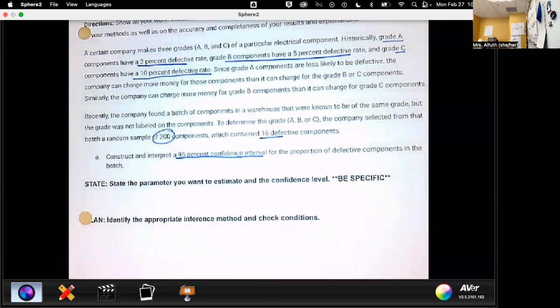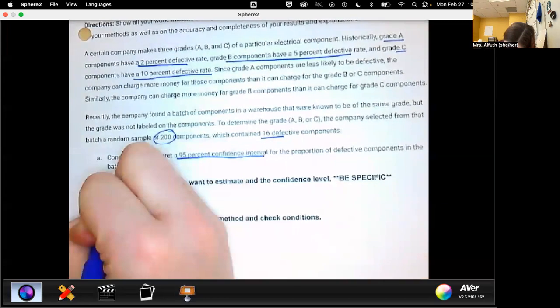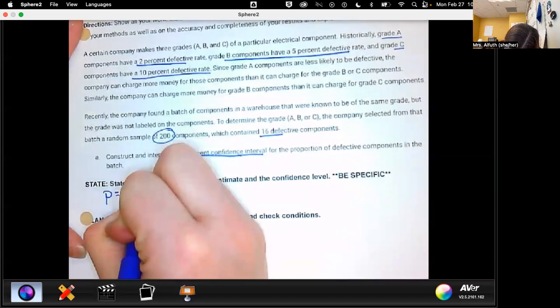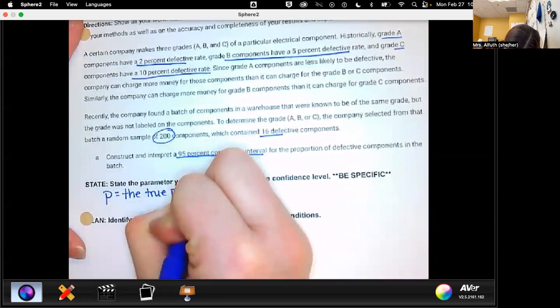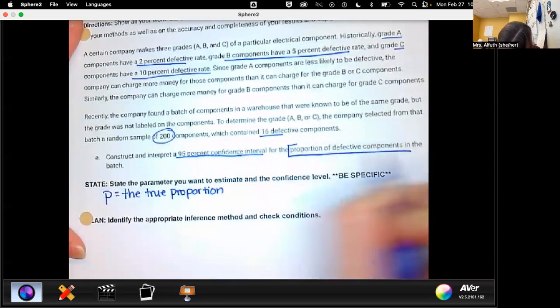As we are looking at this activity, to state the parameter, we are looking for the proportion P, which is the true proportion, oh, I see it right here, the proportion of defective components in the batch.